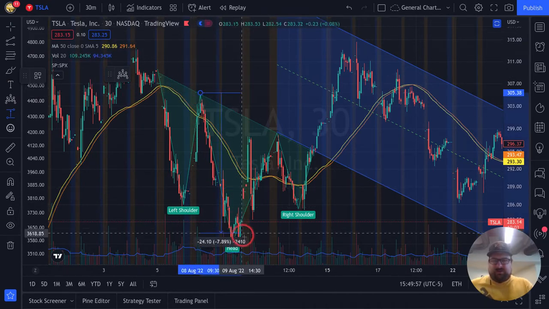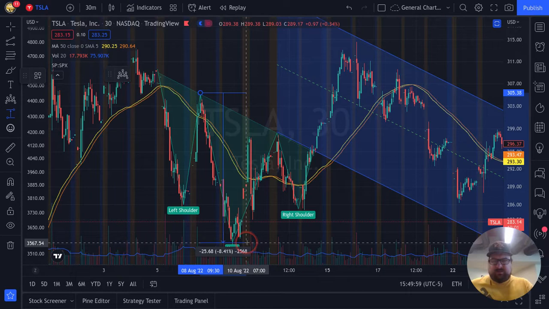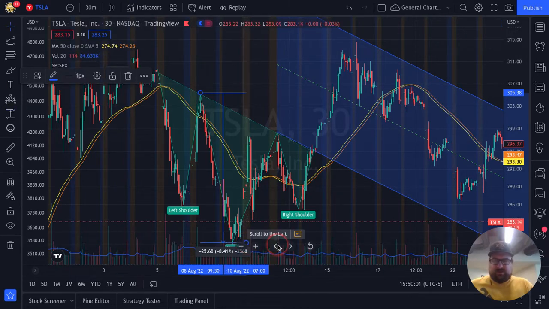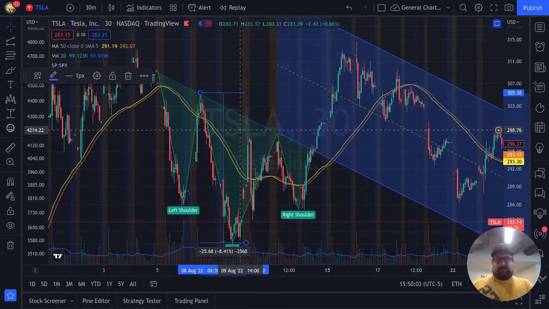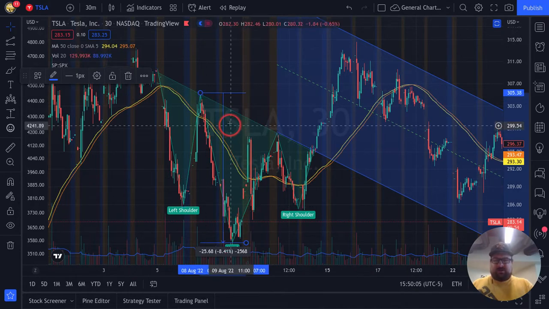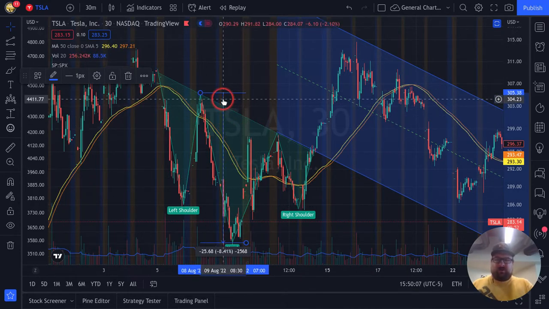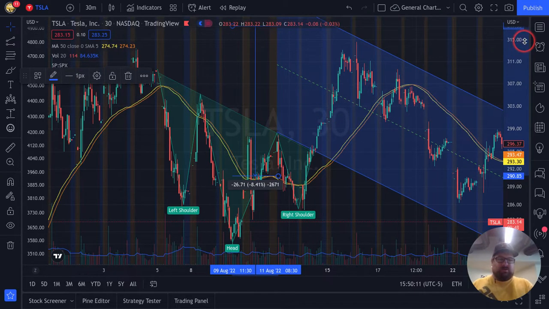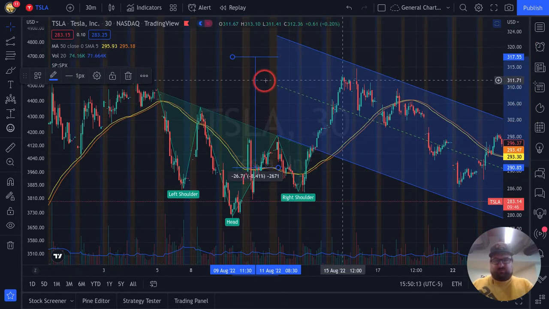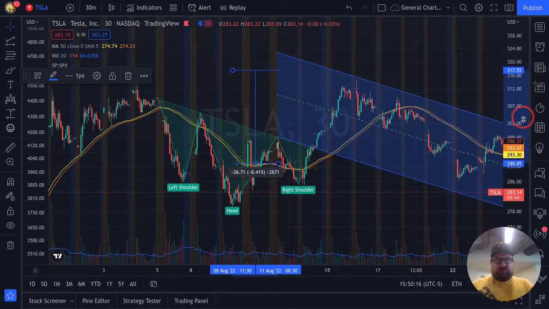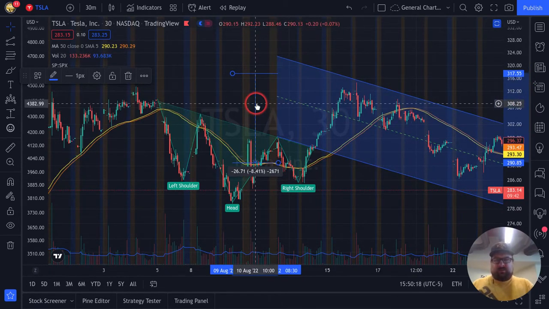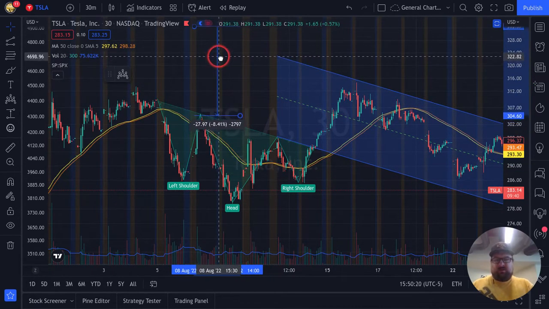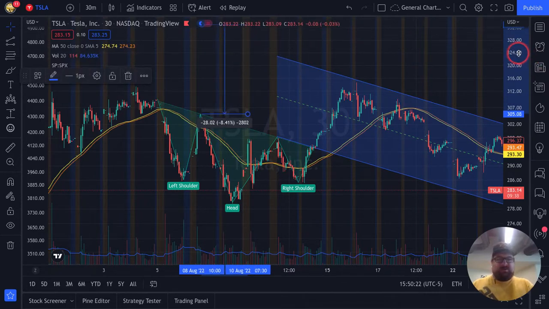So if we did one of these, this particular one was an 8% decrease from the neckline to the head, so we could literally go up to that same level, and we're just going to bring it down a little bit, and you could see what that price target would be, off the screen up here.